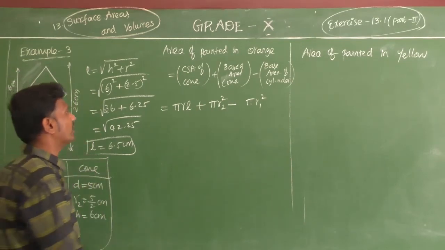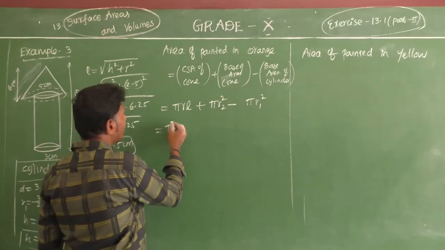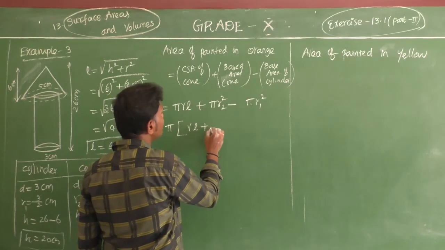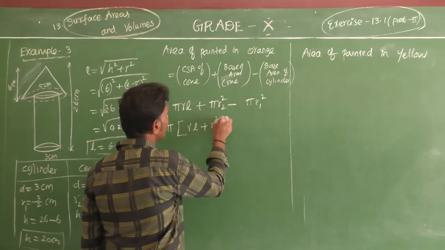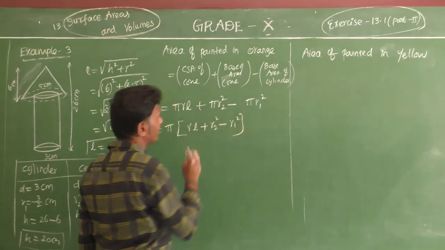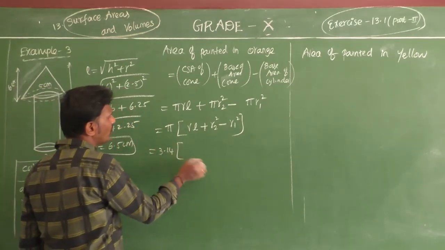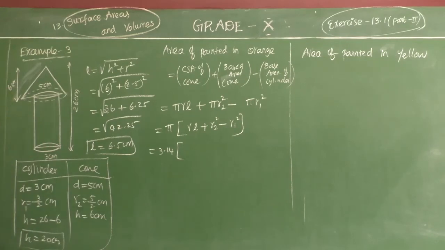Okay. Fine. Now pi is common for all three terms and the remaining is R2 L plus R2 square minus R1 square. Now for pi, use the value 3.14 because they are giving it to you.